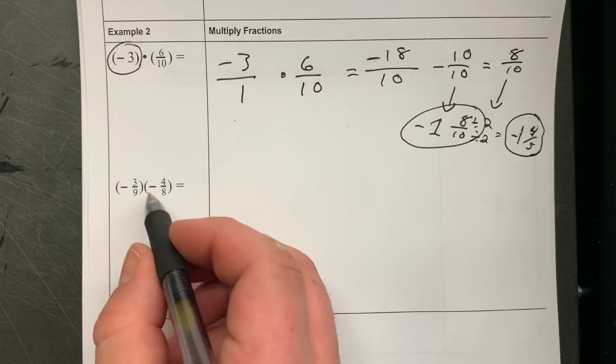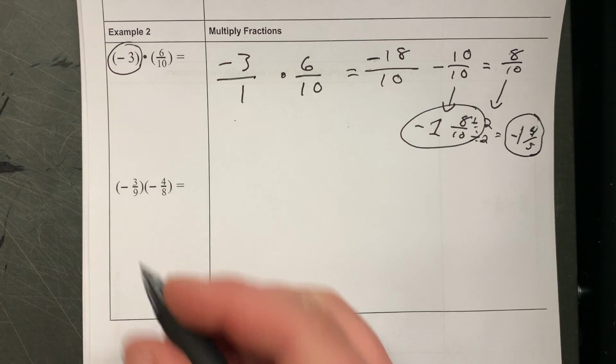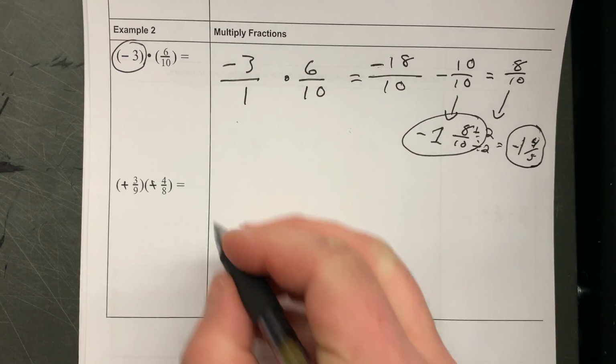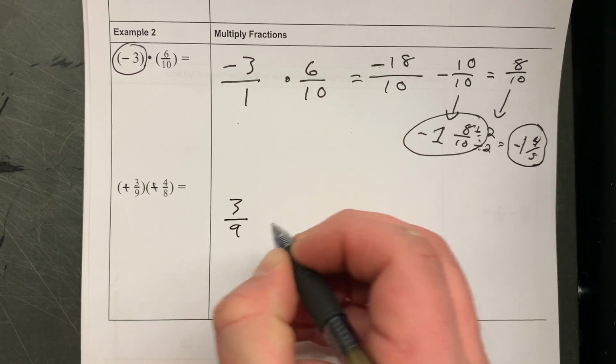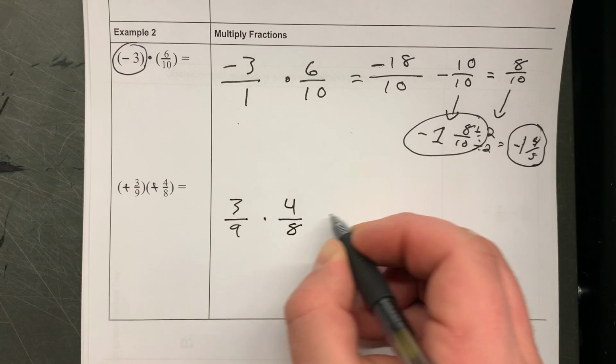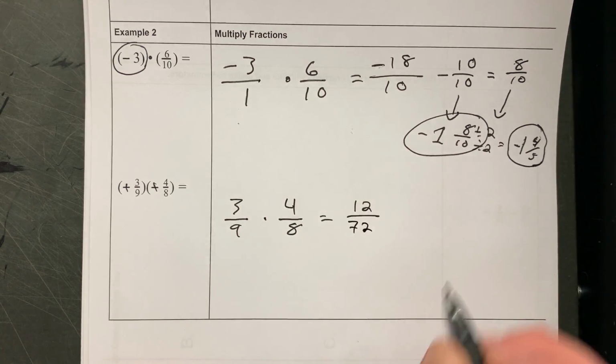I can see that I have two negatives multiplied by each other. Since it's a negative times a negative, we know that they're just going to become positive. So I can just multiply them as if they are positive right off the bat, because I know I'm going to get a positive answer. 3 times 4 gives me 12. 9 times 8 gives me 72.